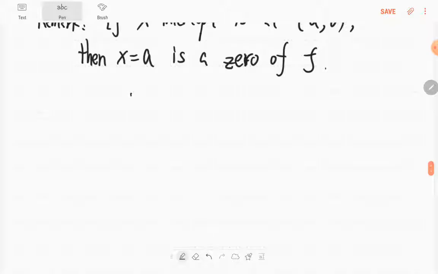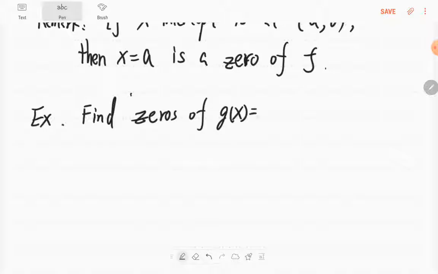So how to find it? You just set the function to be 0, then solve for x, right? So we need to find the zeros of g of x, which is the square root of 10 minus x squared. Here I use g. I know this function is usually called f, but f is just the name of the function.